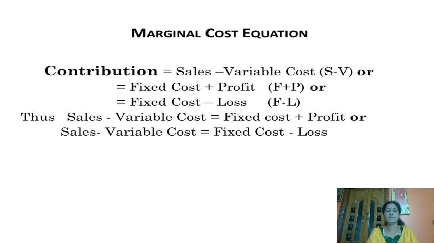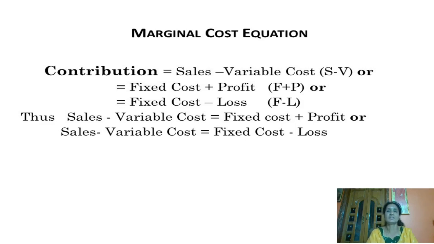One more formula by which we can find out contribution is fixed cost plus profit. Once we find sales minus variable cost, for example 1 lakh minus 40,000 variable cost, the contribution is 60,000. In the 60,000, both profit as well as fixed cost will be included. We can think that fixed cost may be 25,000.